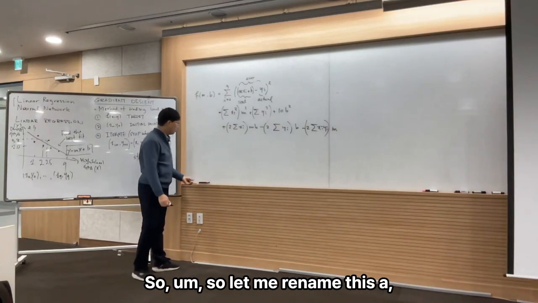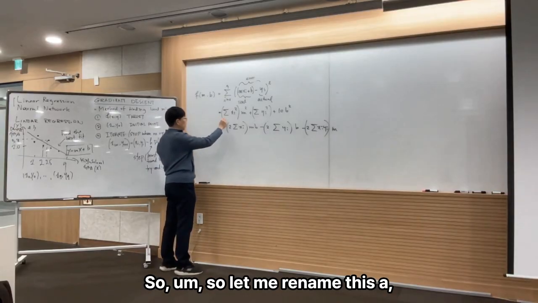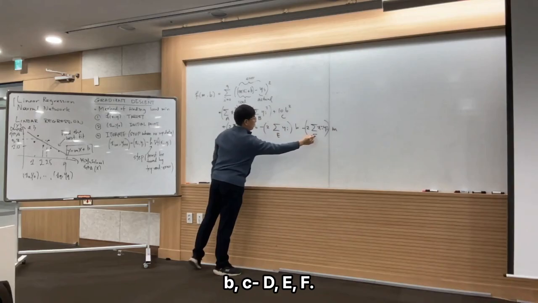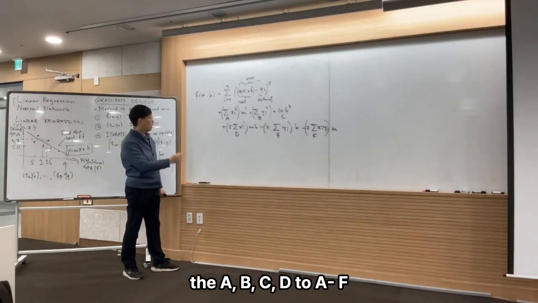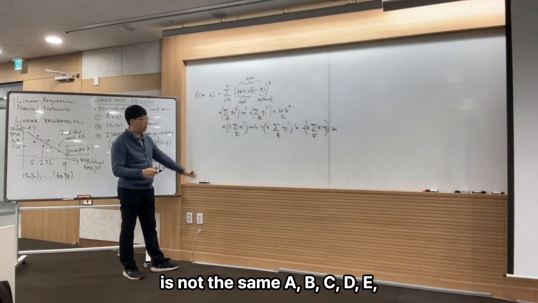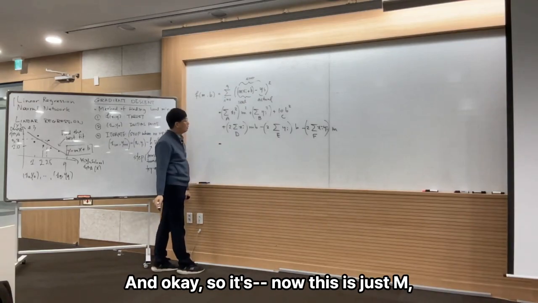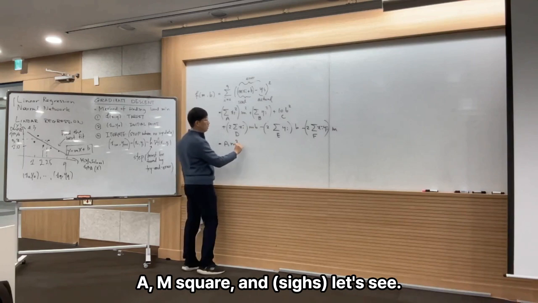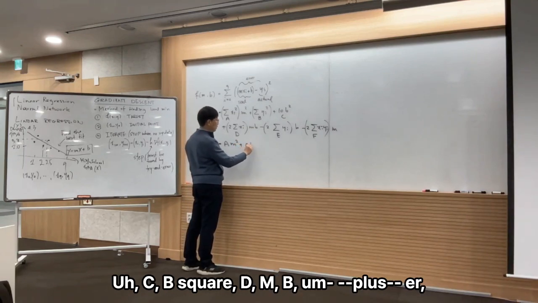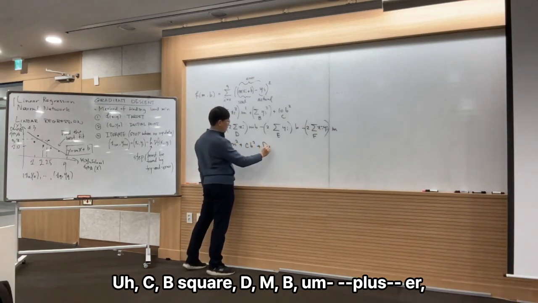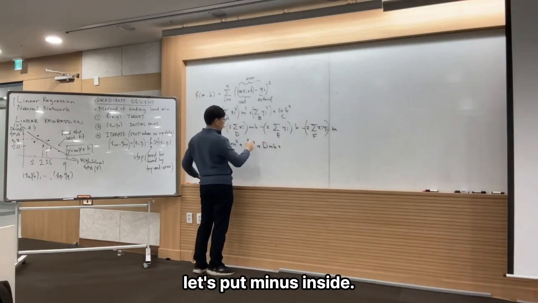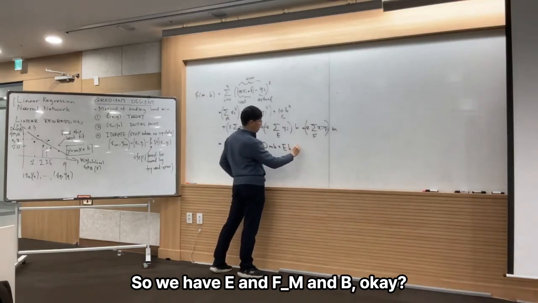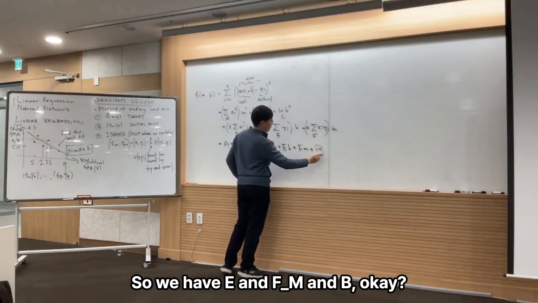So let me rename this A, B, C, D, E, F. If you're looking at my book, the A, B, C, D to F is not the same A, B, C, D I wrote in the book. So now this is just Am squared, Cb squared, Dmb, plus, let's put minus inside, to make sure it's the same direction, E and F, m and b.